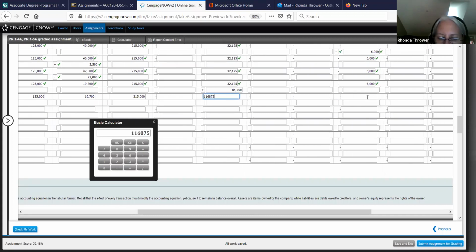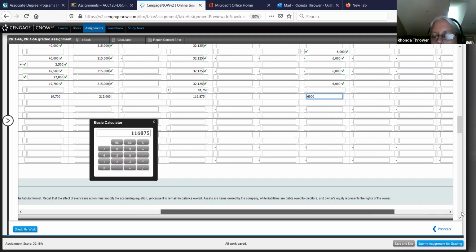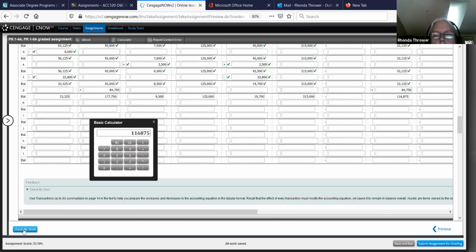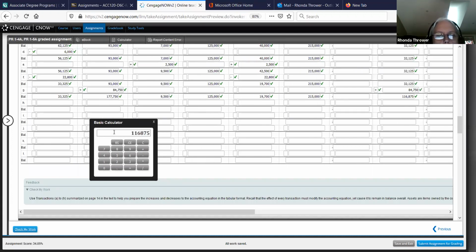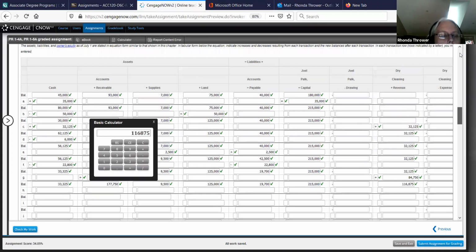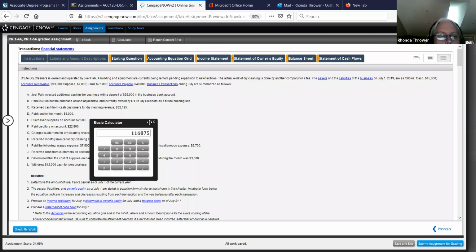Bring down that rent expense from before. And then I'm going to check my work. And then we're going to move on to H. So we'll scroll up to the top. I'm going to look for H.